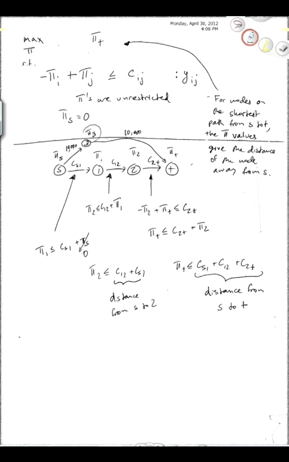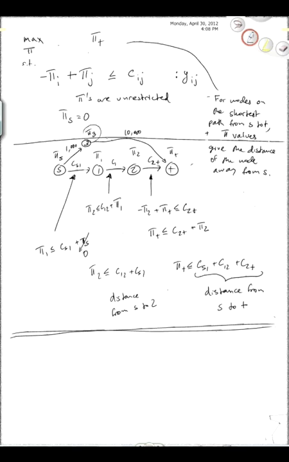So in general, the best kind of description of the shortest path dual that I've encountered is the following. So just imagine that the graph is represented by a ball of yarn that we've just tied together in the form of a graph. So every node is a knot, and every edge is represented by a piece of yarn that's as long as the edge is long.